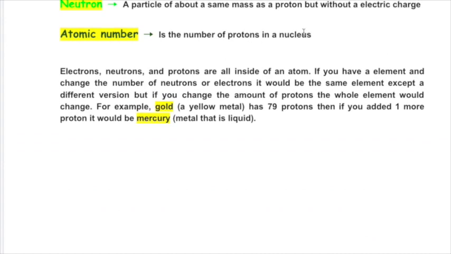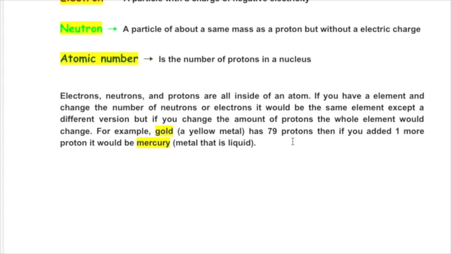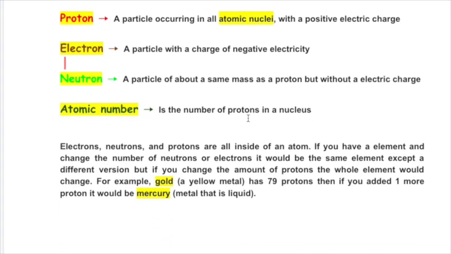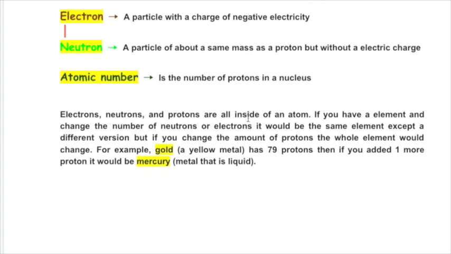We'll explain nucleus later, but just think of the atomic number as the number of protons in an atom, or the number of protons in something, okay? Because we'll explain nucleus, nuclei, all that stuff later.